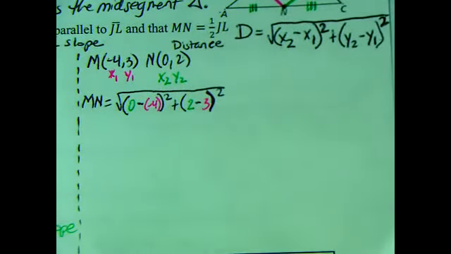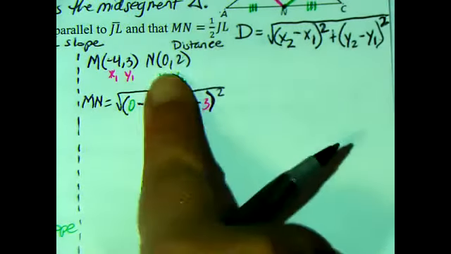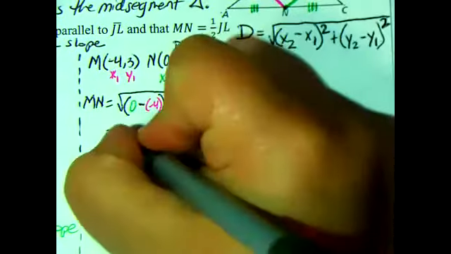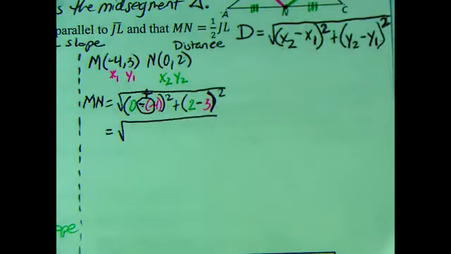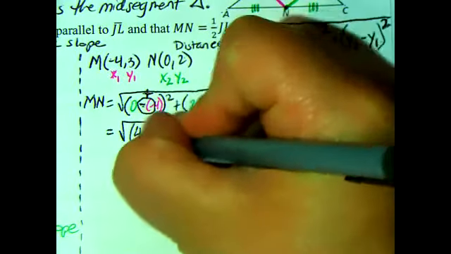So I plugged in the x1, y1, and the x2, y2, and I'm just going to simplify this. We have minus and negative here, which turns this into a positive. So I have 0 plus 4, which is 4. I'm going to square that.